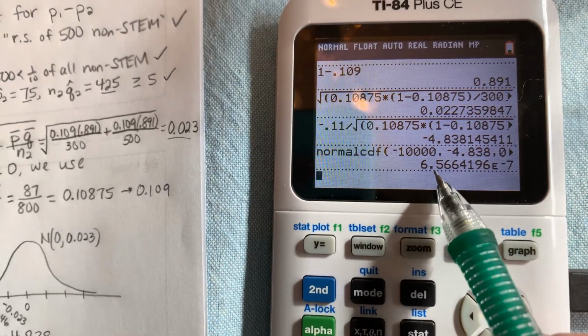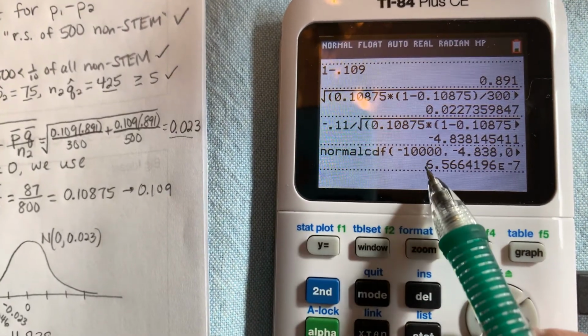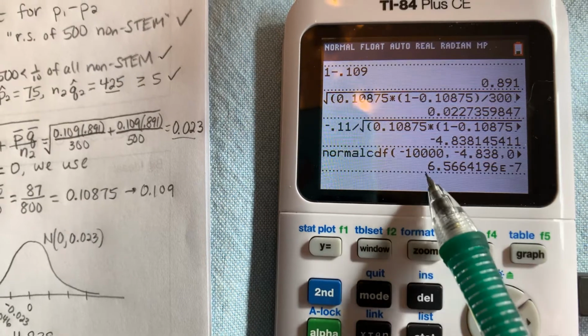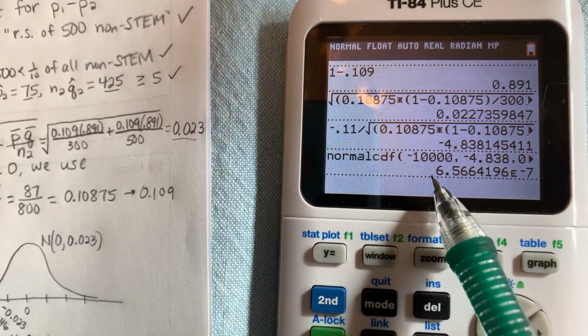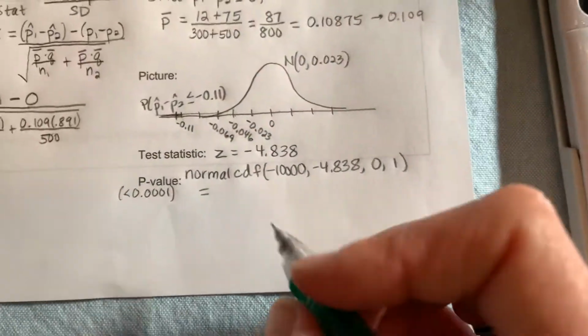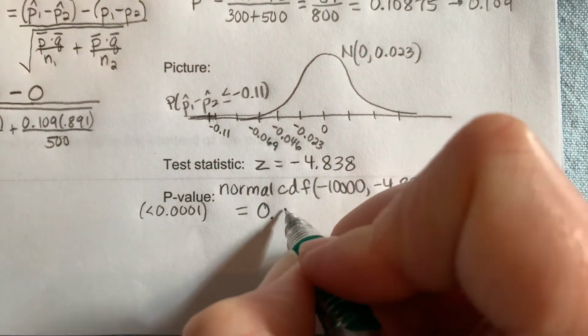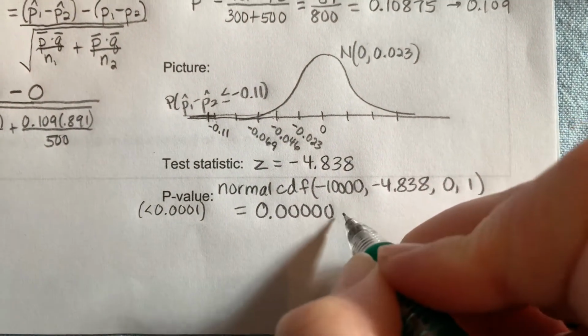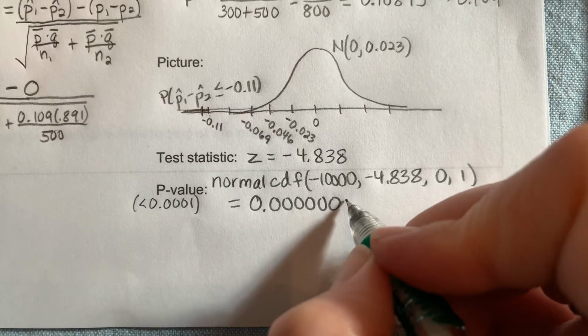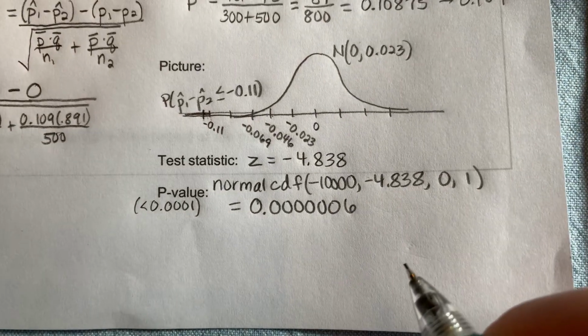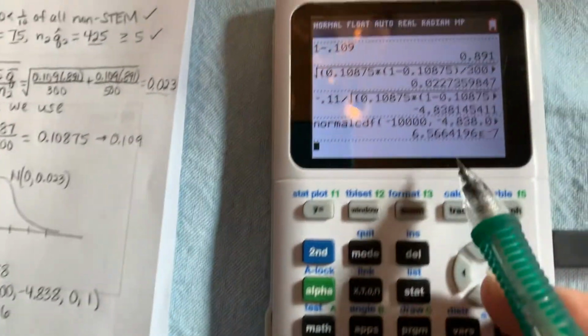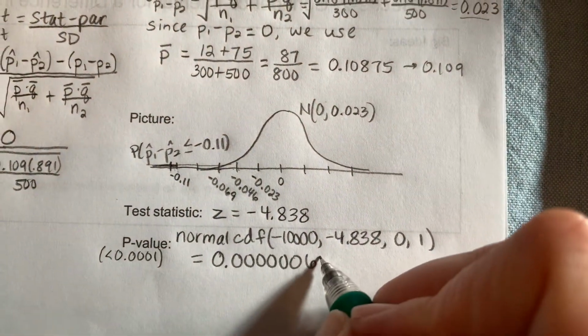Negative means left 7 times. So if I move it once, I'll have 0.6 something something, and I have to move it 6 more times, so I'll have 6 zeros in front of that 6. So 0.1, 2, 3, 4, 5, 6 zeros, and then I start with my numbers. So 6, I'm going to round, let's say 6 is fine.